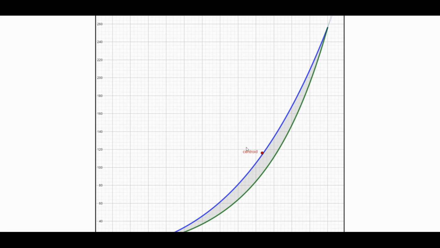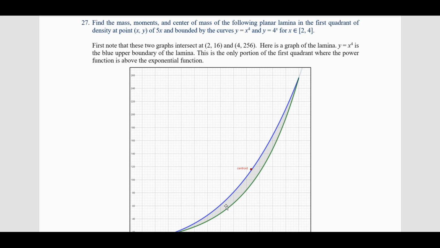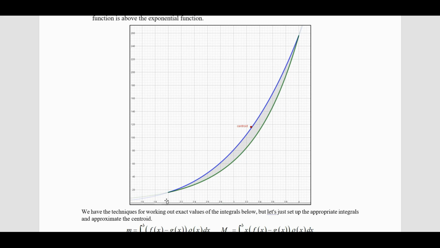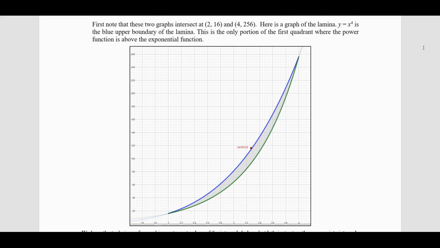So here's what the graph looks like. And notice that the two graphs cross at (2, 16) and at (4, 256). And this is the only part of the first quadrant where the power function is above the exponential. To the right of this, the exponential is definitely going to dominate.